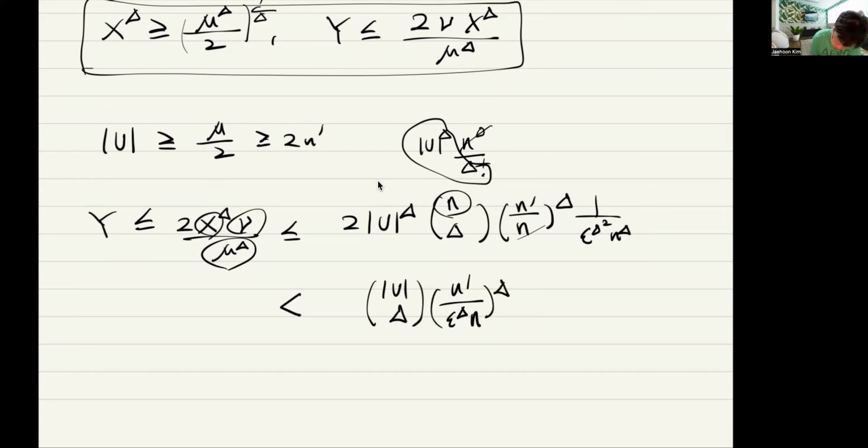And then technically this one is a bit smaller than that, so you have to take 2, but let's put everything inside. So this is an upper bound.